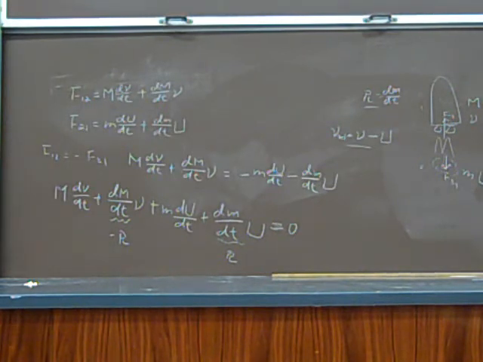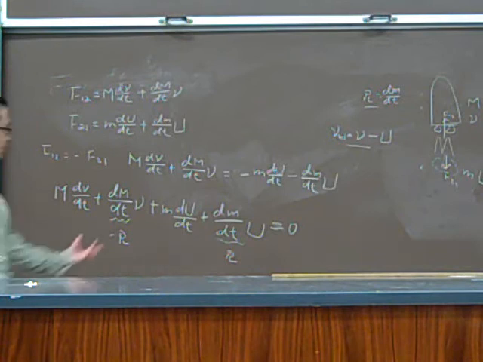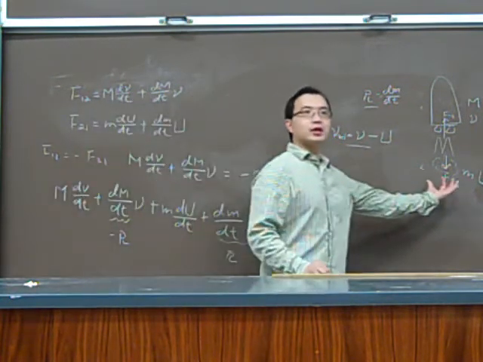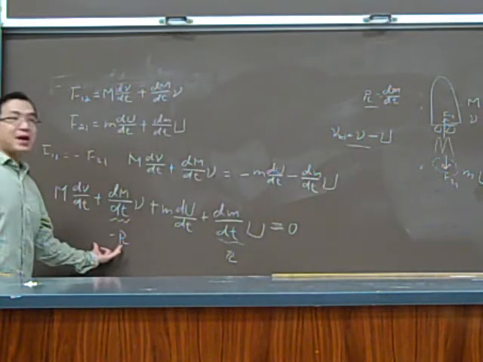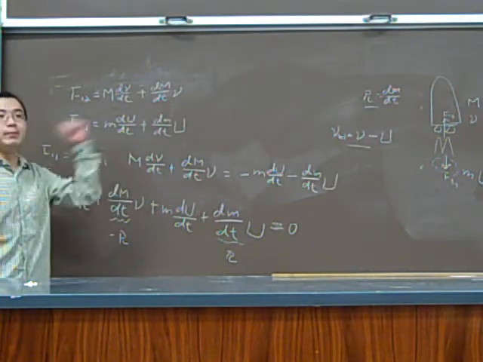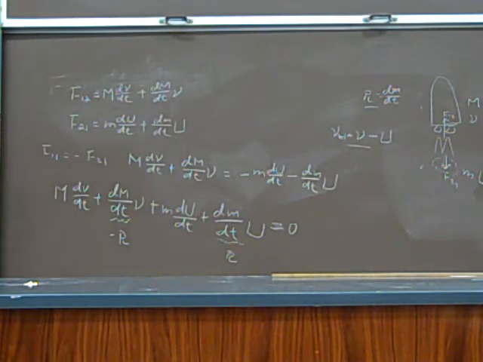So you should get negative r here. That's the mass increasing rate for the exhausted product. It equals the mass decreasing rate for the main body. Okay? So you can rewrite this.